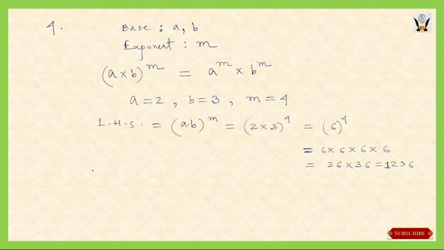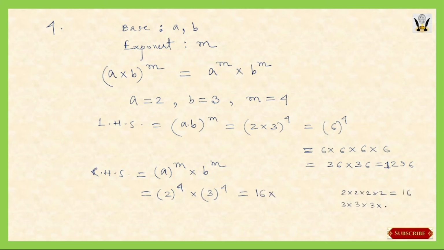Now let's evaluate the right hand side of this law. Right hand side says that it will be a to the power m multiplied by b to the power m. So a to the power m means a is 2 and m is 4, and b we have taken as 3 and m has the same value. Then 2 to the power 4 means 2 will be multiplied by itself 4 times. So it will be 2 2s are 4, 2 4s are 8, 2 8s are 16.